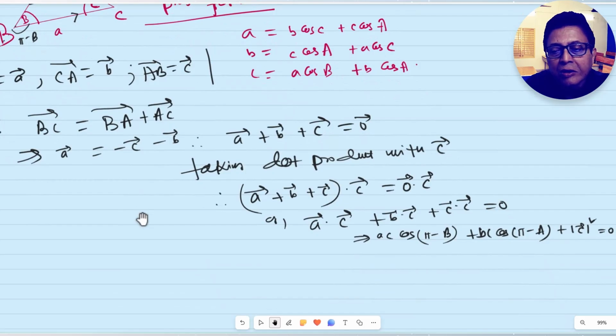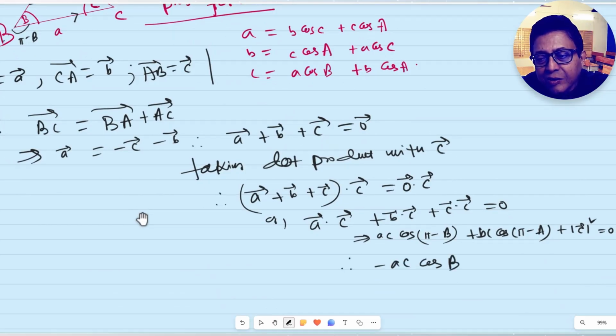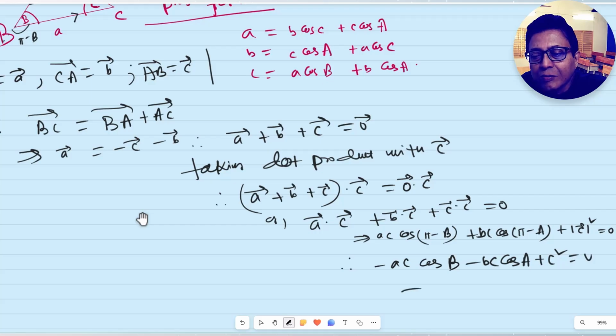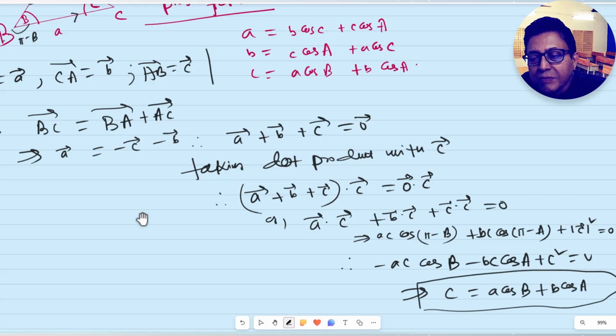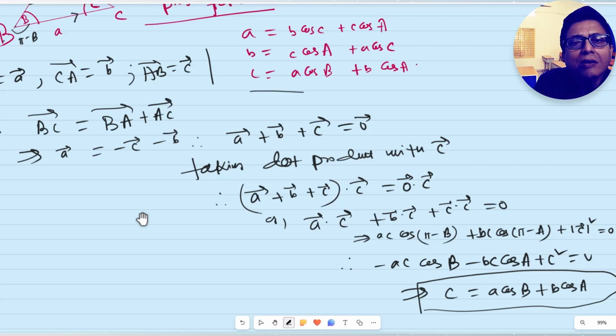So you can write, therefore, minus AC cos B minus BC cos A plus C squared equals 0. This implies you cancel C from all and then transfer it to the right side. It will be C equals A cos B plus B cos A. Done. So we have proved the third one.